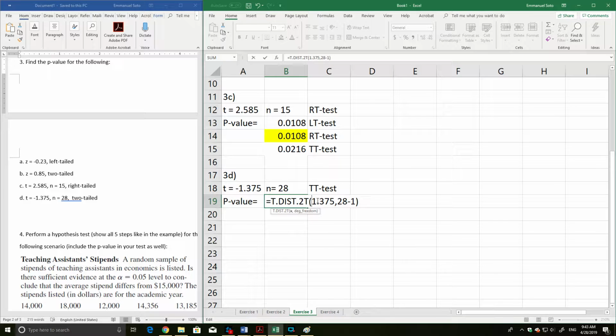So what you can do is just make it positive because you're doing a two-tailed test anyway, so you have both positive and negative versions. So then we have the actual p-value for the two-tailed. It's just an issue with this function that it only takes positive values for this part here. All right, that's your p-value for the two-tailed test.